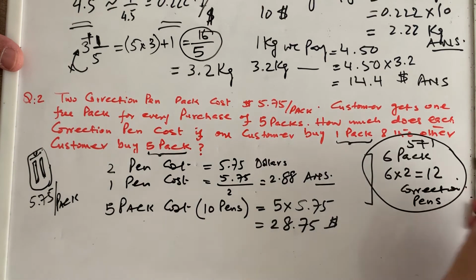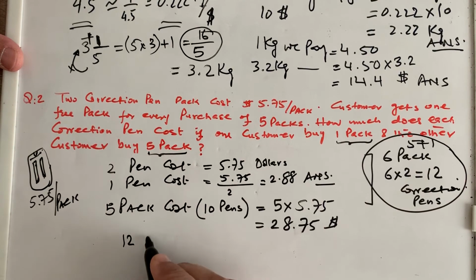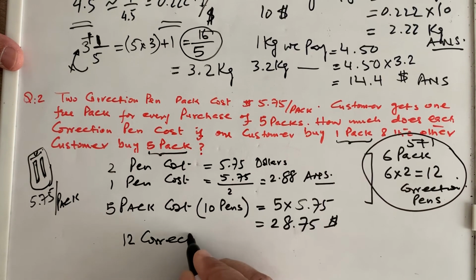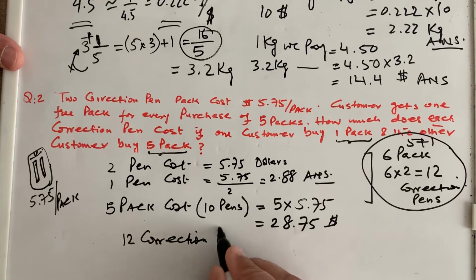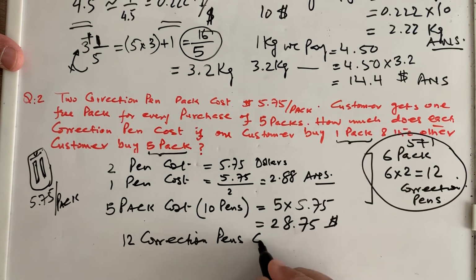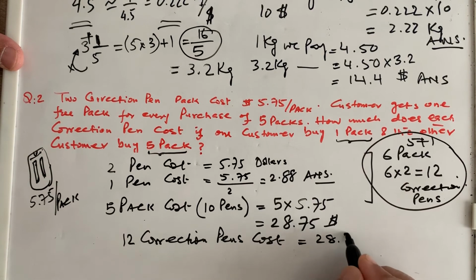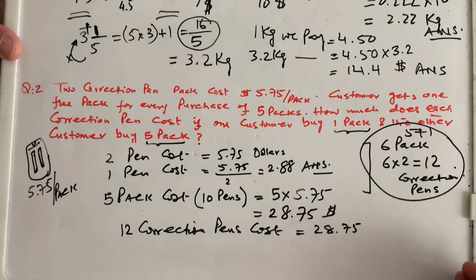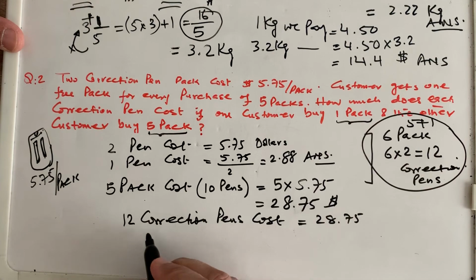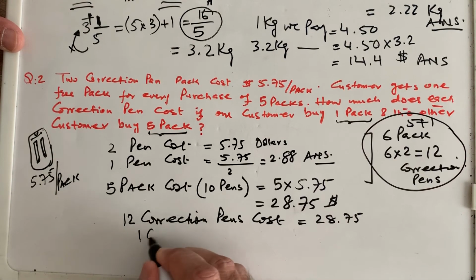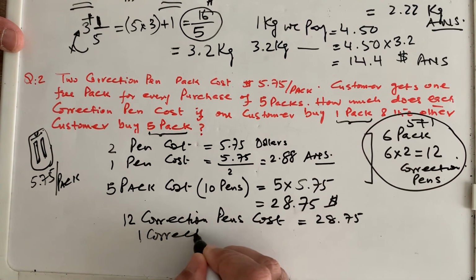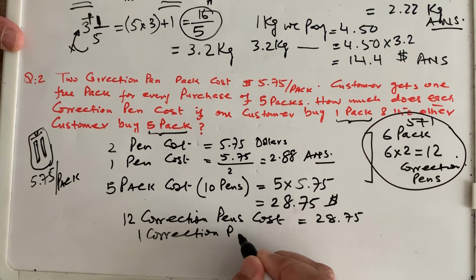Here we have the back of the mind, right? So 12 correction pens cost you $28.75. He's asking what is the cost of one correction pen? One correction pen will be a lesser price, right?